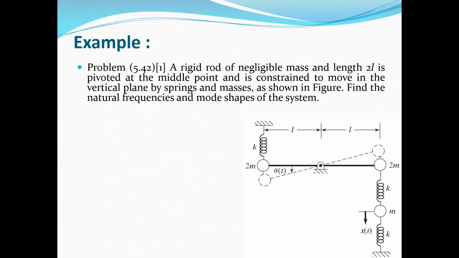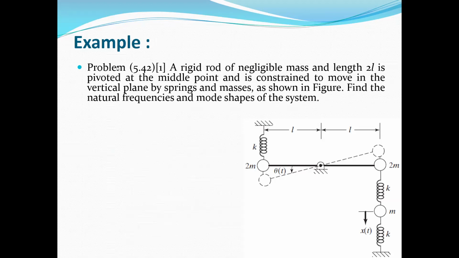Here we have a rigid rod of negligible mass and length 2L, which is pivoted at the middle point and is constrained to move in the vertical plane by springs and masses as shown in the figure. Find the natural frequencies and mode shapes of the system.